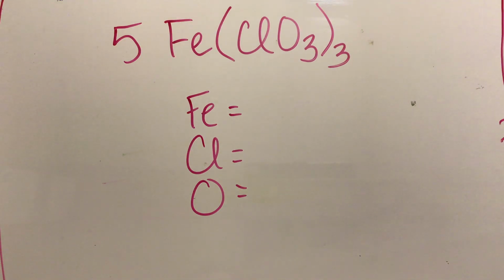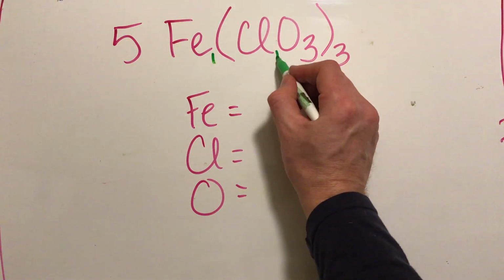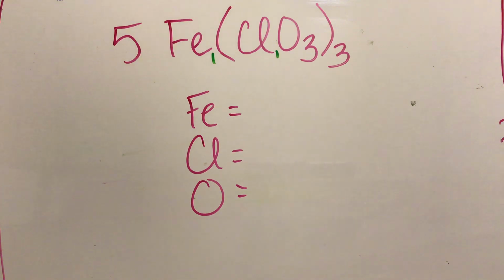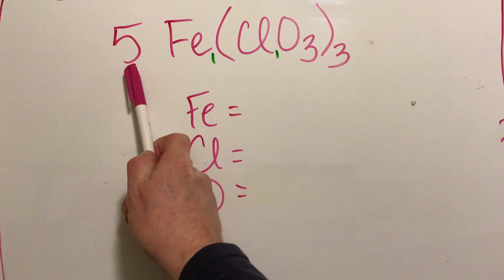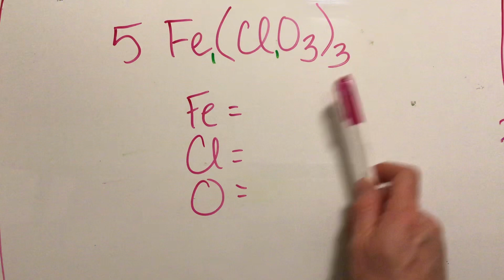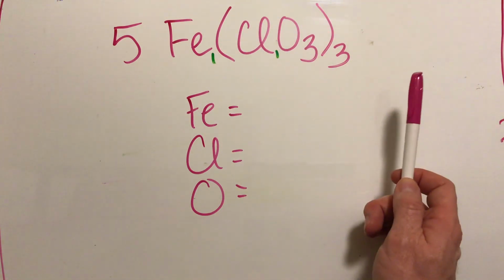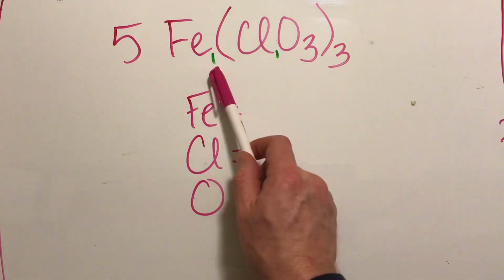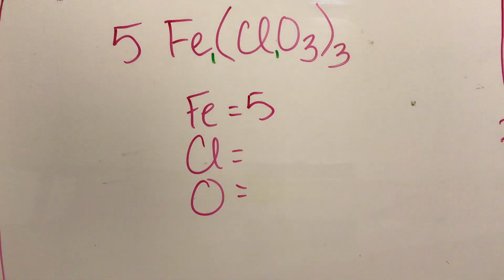So even though I can't see it, there's a little 1 here, and I know there's a little 1 here, right? I'll draw them in very small in green. They're normally not there. Iron, 5 times 1 is 5. Now these 3's aren't involved with the iron. That 3, remember, is only for the stuff inside the brackets, and that 3 is only with the oxygen. So 5 times 1 is 5 irons. Easy enough.